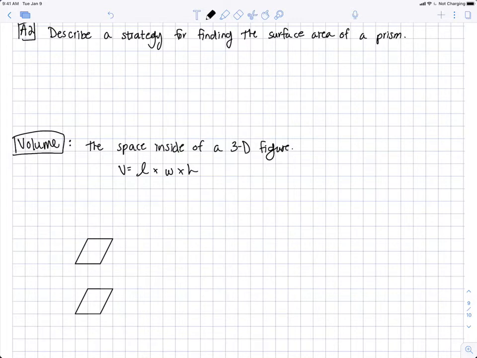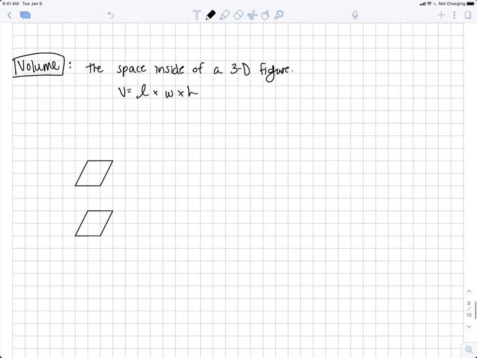Okay, so right now I'm trying to draw a rectangular prism. So try to draw along with me, please. Again, I always start with the two identical bases, and make sure they're stacked on top of each other. When you connect your corners, this is where things might get a little bit messy.